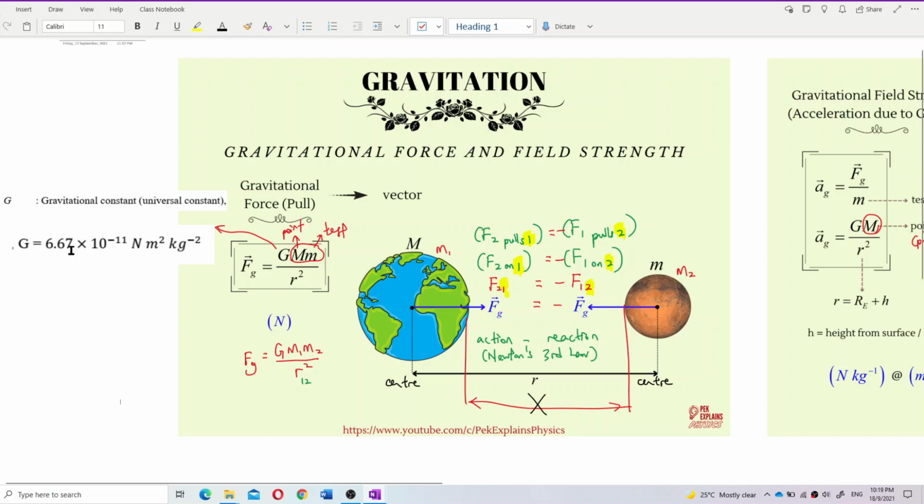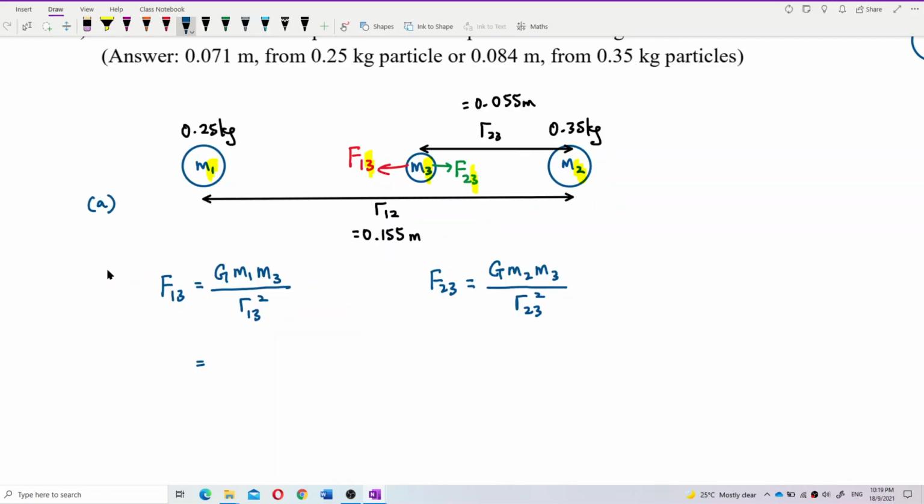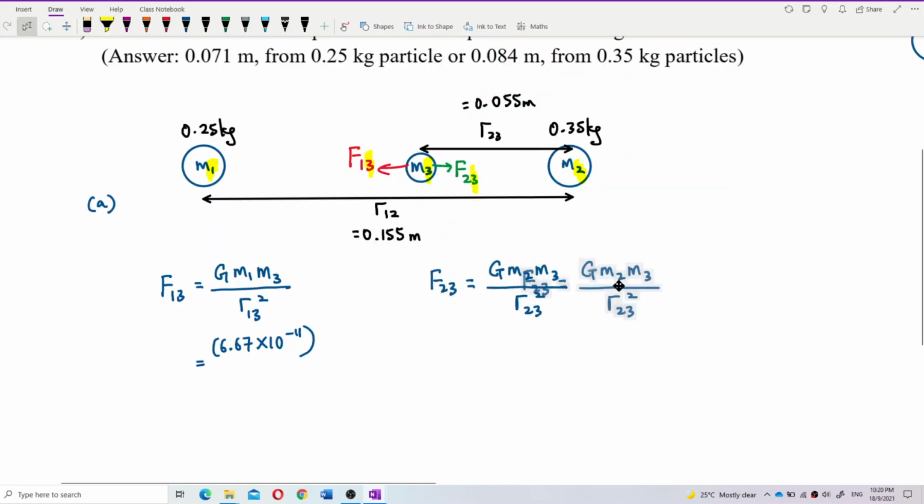This value will be given in the list of constants during the exam. So it's 6.67 exponent negative 11. Am I correct? 6.67 negative 11. That's correct. Put this further down the other side, this one go a little bit here.